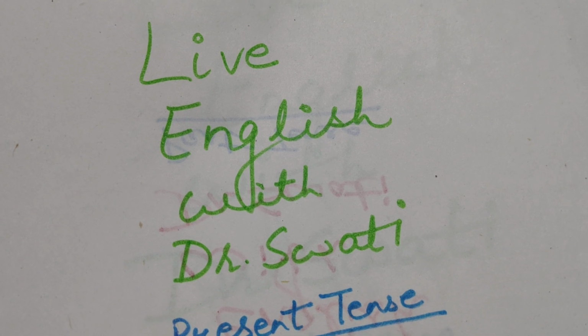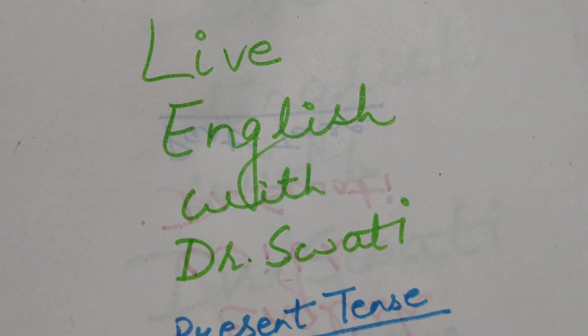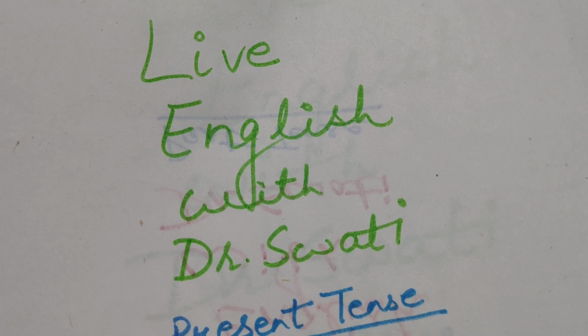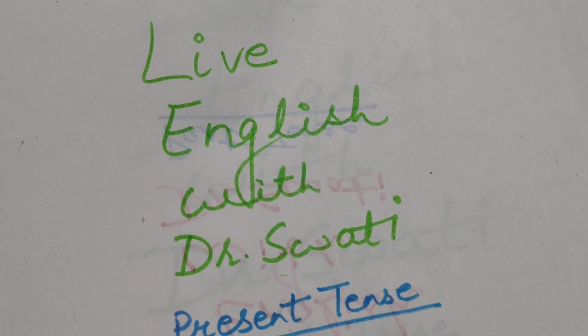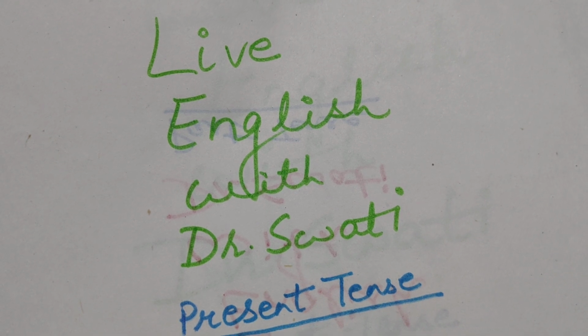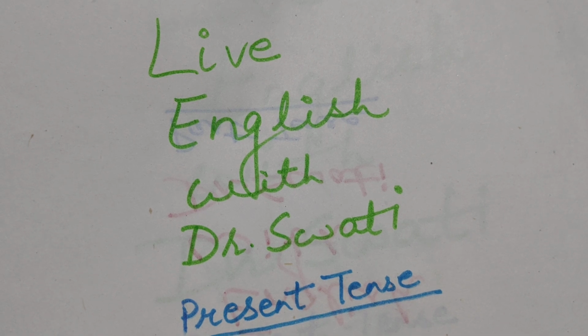Might be it is going to be 8, it is going to be 10. So he is playing since 4 o'clock. So these are the few important points which you have to remember in present tense, where simple present tense, present continuous tense, and of course present perfect tense and present perfect continuous tense.